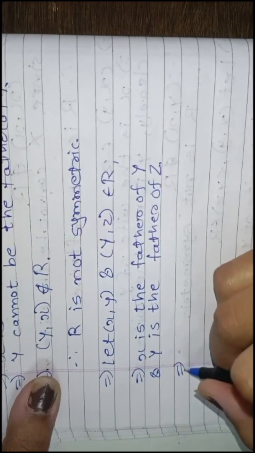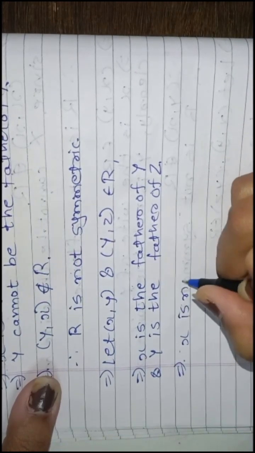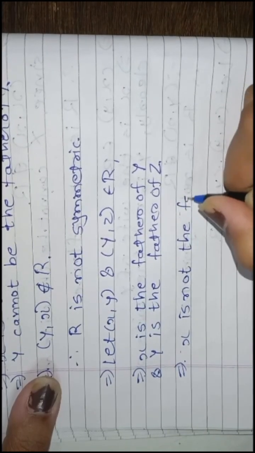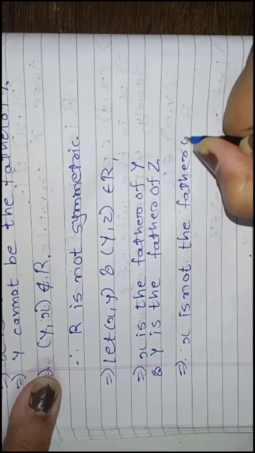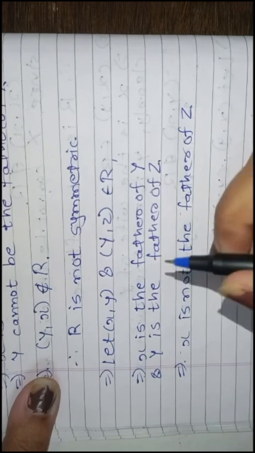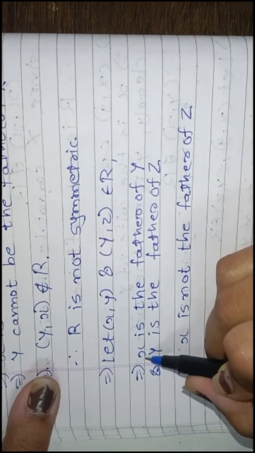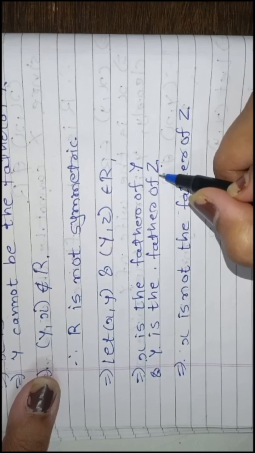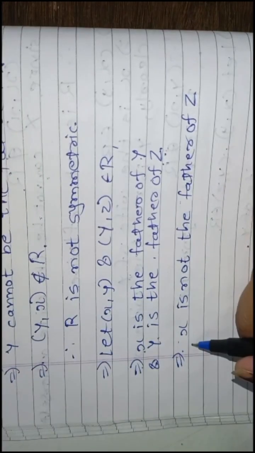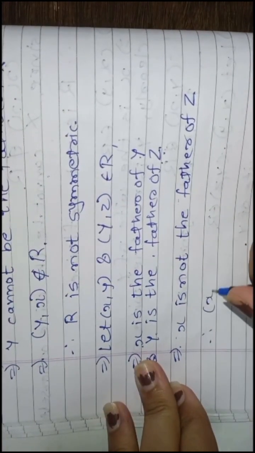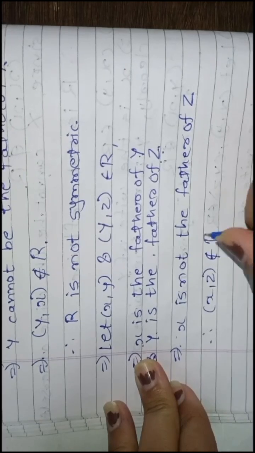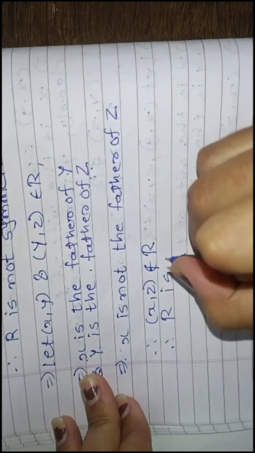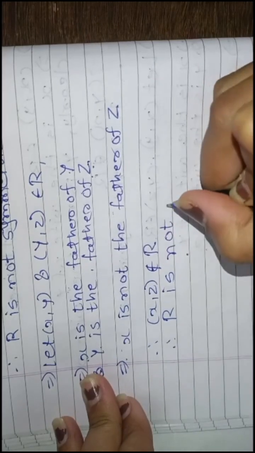But x is not the father of z. It is not possible. x is the grandfather of z, because father of father is the grandfather. That's why (x, z) does not belong to R. Therefore, R is not transitive.